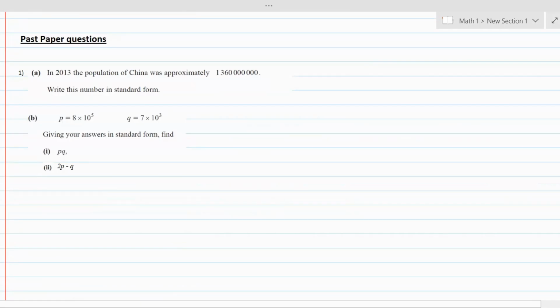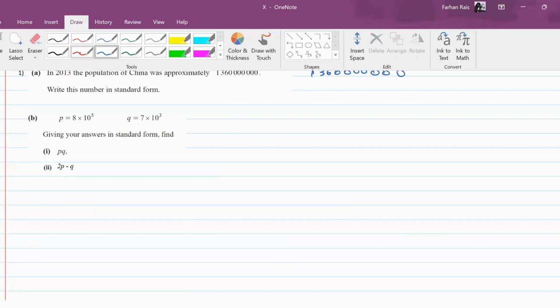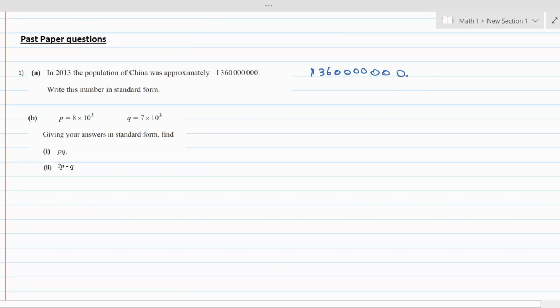All right, part A here says in 2013, the population of China was approximately 1,360,000,000. Write this number in standard form. So we have to convert this into standard form. When there is no decimal, the decimal is at the end, so we'll start from the end: 1, 2, 3, 4, 5, 6, 7, 8, 9.